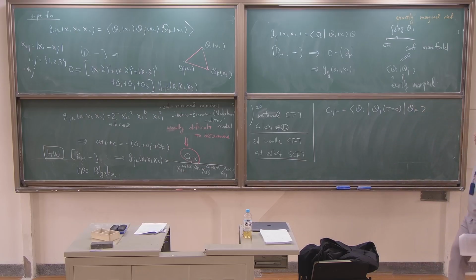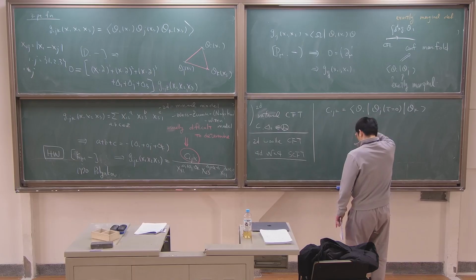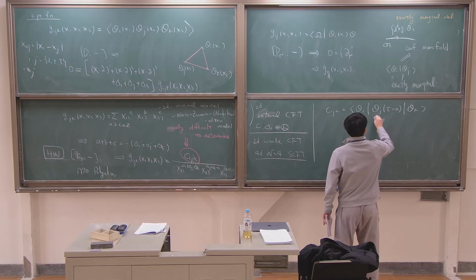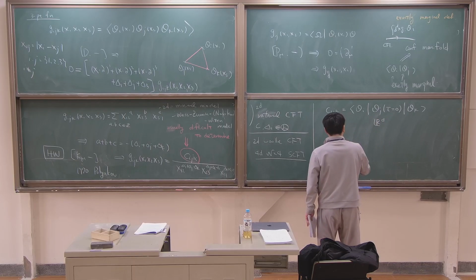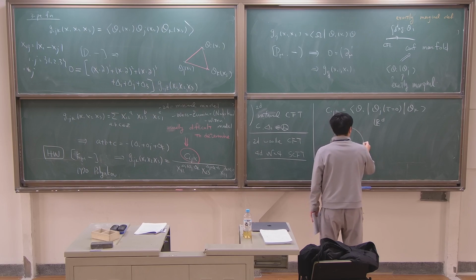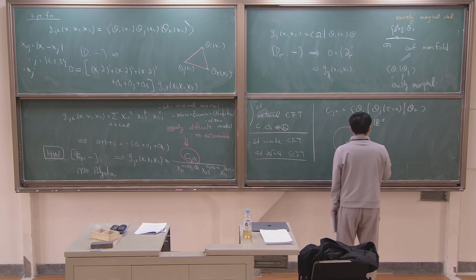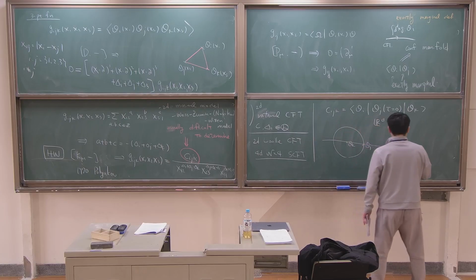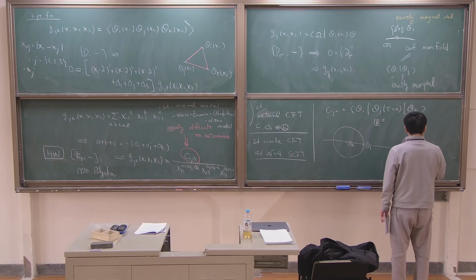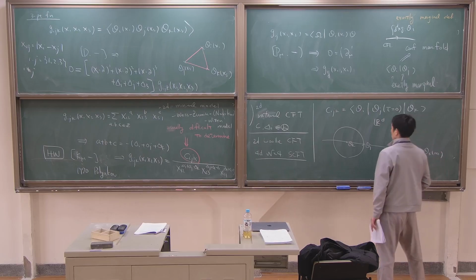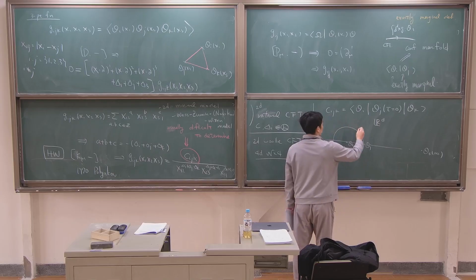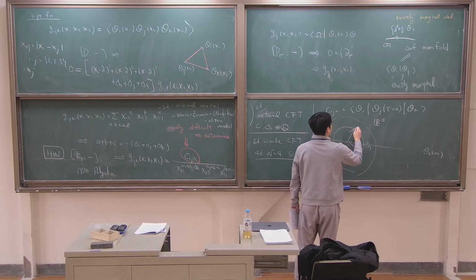So essentially what we did is that in R^D space, at the origin we put O_K, and we have a unit sphere, at the point 1 we put O_J, and at infinity we put O_I. That's the picture.